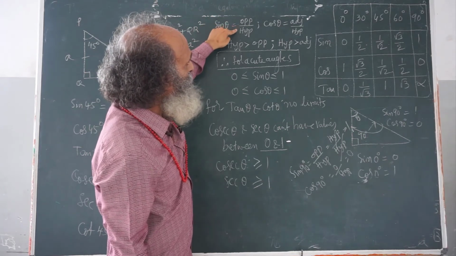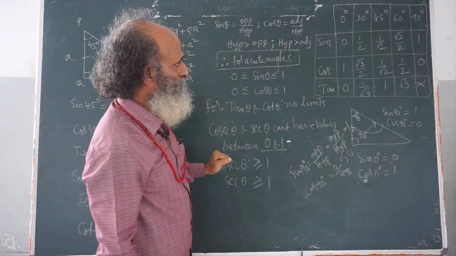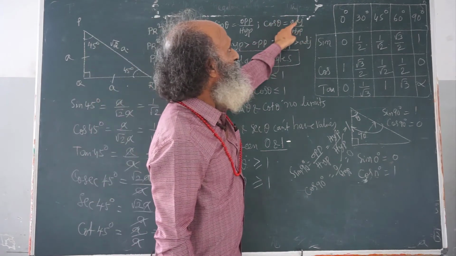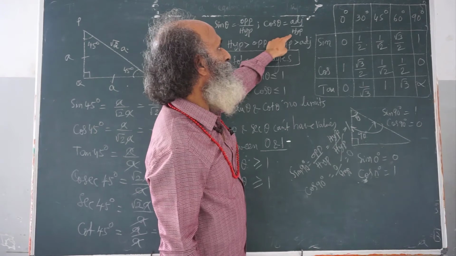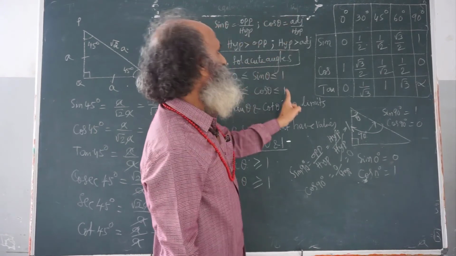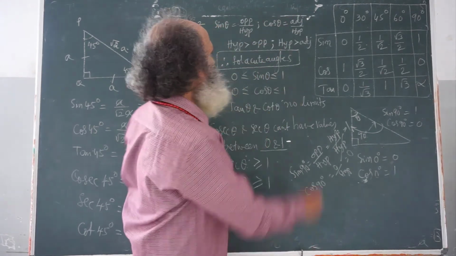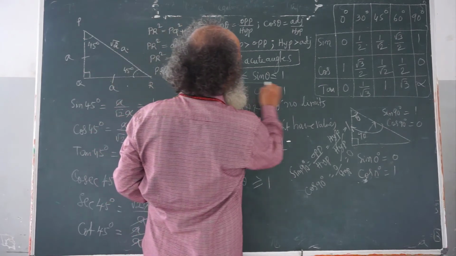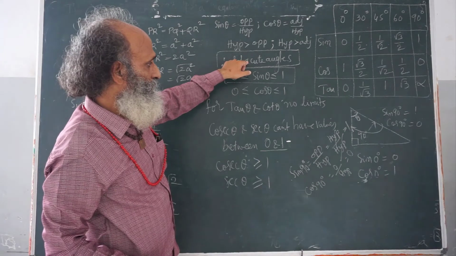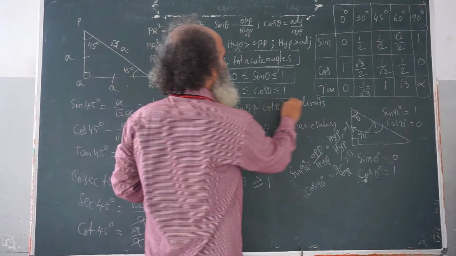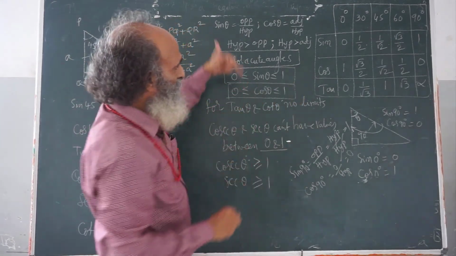Small number divided by big number means value is less than 1. Similarly, adjacent side by hypotenuse is also a small number by a big number, which is less than 1. Therefore, sin theta value always lies between 0 and 1 for acute angles. Cos theta also lies between 0 and 1 for acute angles.